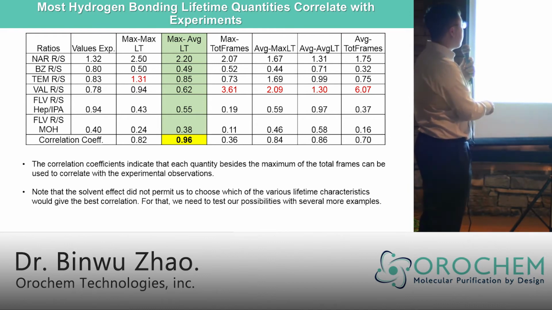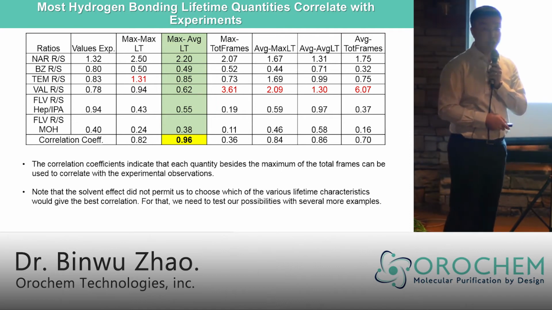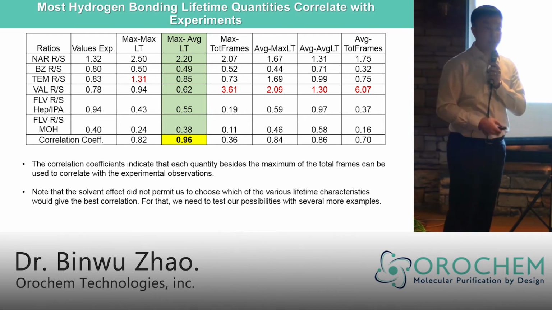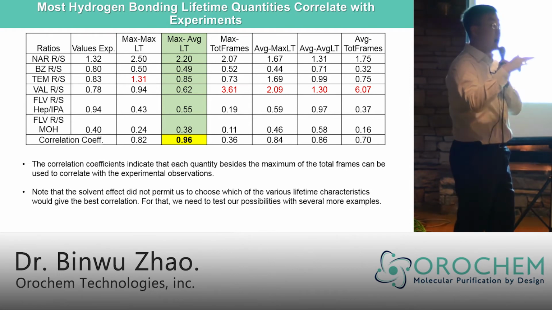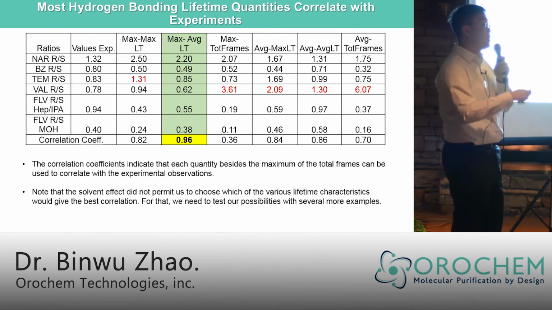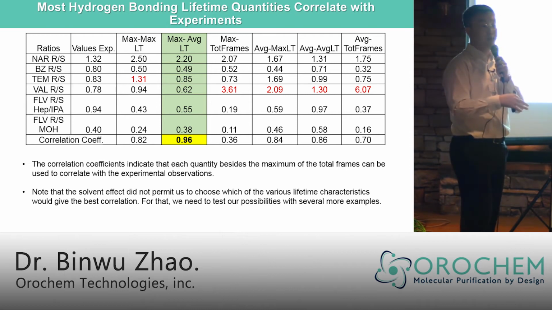And these are the experimental values, and these are values we observed from molecular dynamics simulation. On the last row, we are calculating the correlation coefficients. The highest it can go is 1, meaning you have an absolute 100% correlation between experiments and simulation.